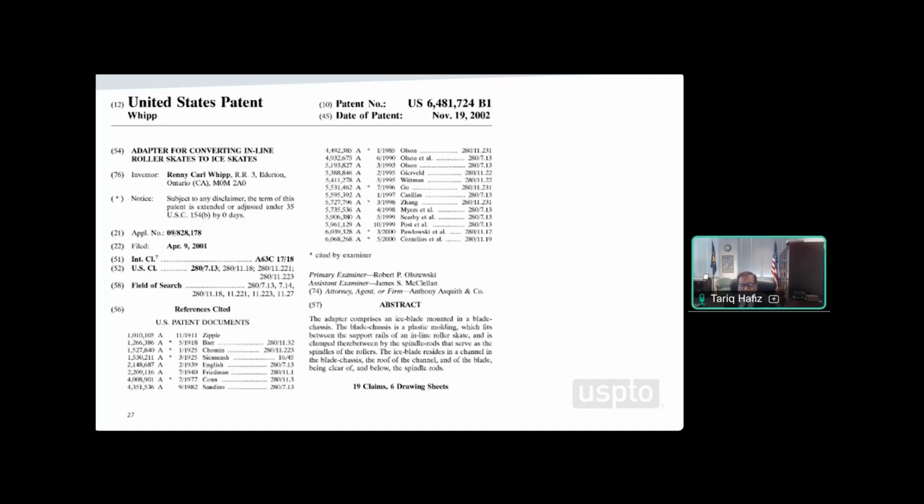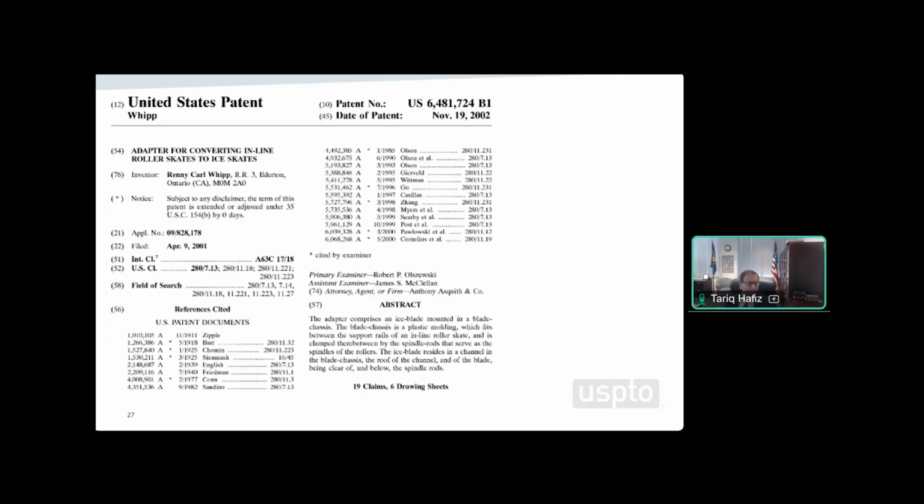You can also see the classifications right here. We try to classify patents into different areas so it's easy for us to know what's grouped together. It's easier for examiners to do research and to identify where to search for similar patents. The classification is also very important, and it helps examiners determine their field of search.